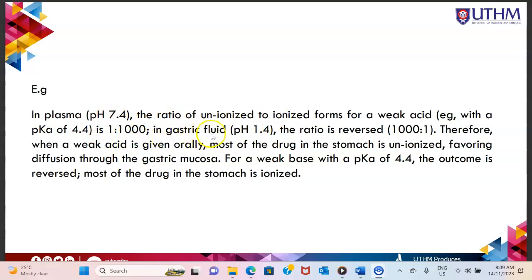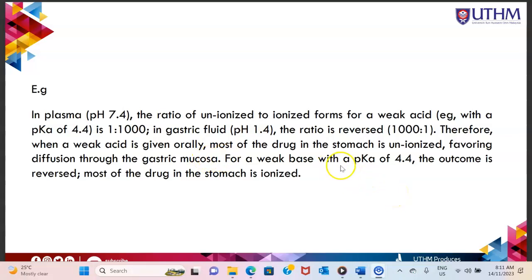Meanwhile, in gastric fluid, where the environment pH is 1.4, the ratio is reversed. It is 1000 of the unionized to 1 part of the ionized. Therefore, when a weak acid drug is given orally, most of the drug in the stomach is unionized. I mean, it is not degraded, and it's favoring diffusion through the gastric mucosa.